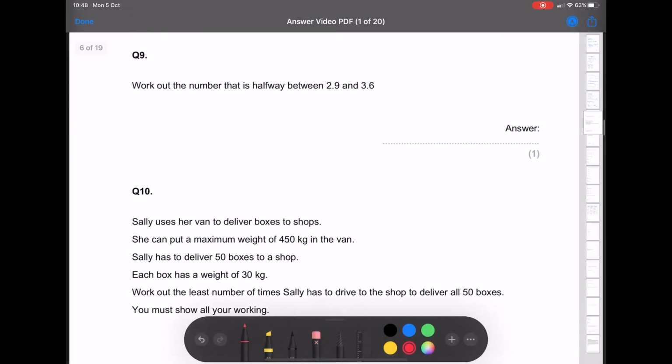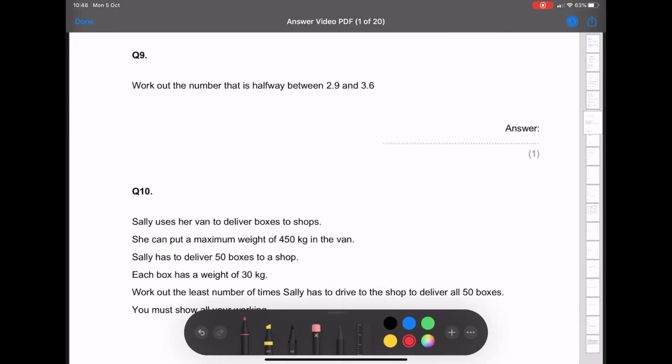Okay. Then it says for question 9 to work out the number that is halfway between 2.9 and 3.6. One of the best ways to work out the middle of a number without going wrong is to add them together. So 2.9 plus 3.6. And the easiest way you could do that is probably do 2 plus 3, which is 5.